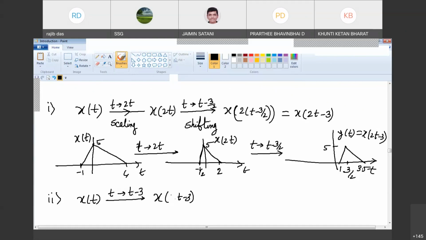So t is replaced by t minus 3, so you will get x of t minus 3. Fine. Then if t is replaced by 2t, then obviously you will get x of 2t minus 3, since minus 3 is independent of t. Is it fine? So the end result should be the same. Can you try this one?